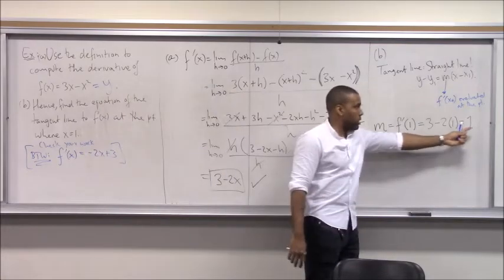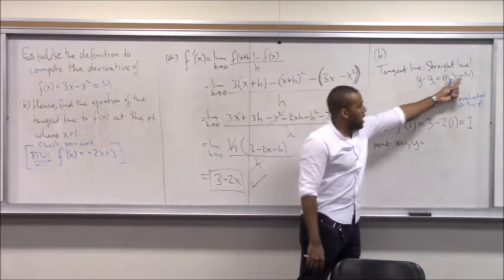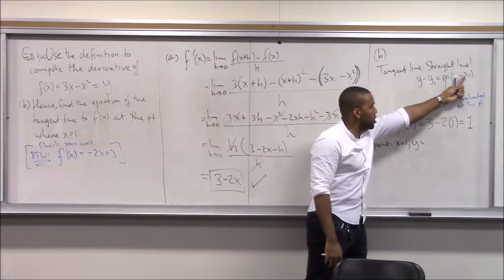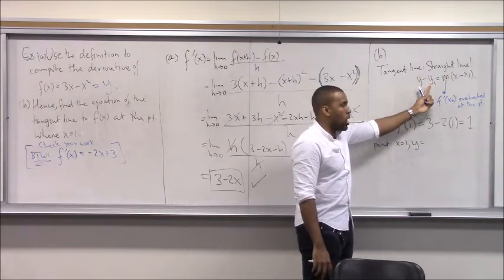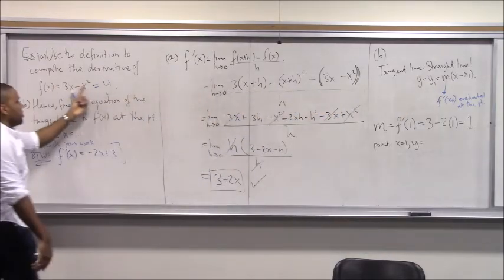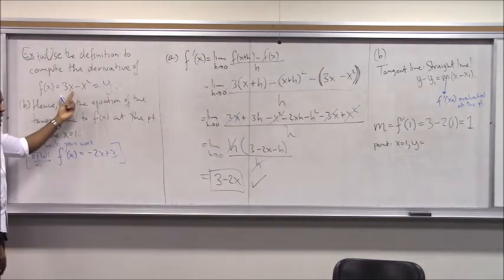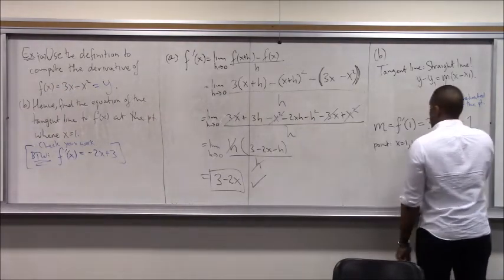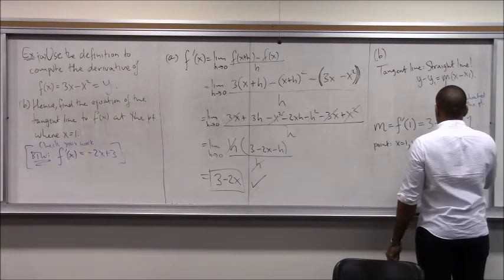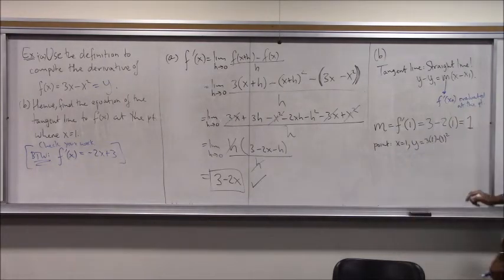That's the number 1. What I need now is the x1 and the y1. I know the x1, they told me that's 1. How do I figure out the y1? Plug into the original function. The whole point of the original function is to tell you what the y value is when you know the x value. So I plug in the 1, and that actually gives me 2.